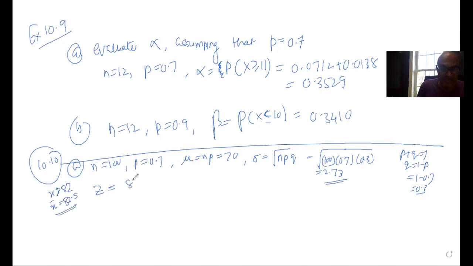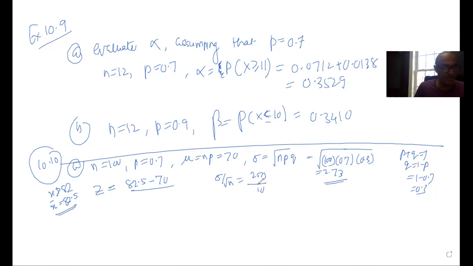So it is x bar, 82.5, minus nu equal to 70, as I told you, divided by sigma over square root of n, that is 2.73 divided by square root of n, which is 10. So 2.73 divided by 10, right? Sigma over square root of n.